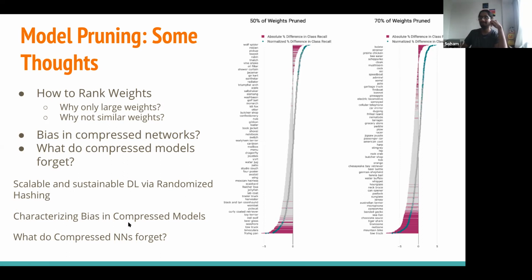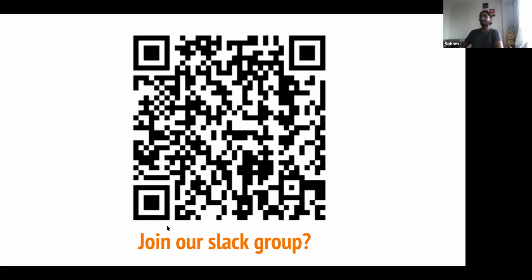The paper about bias is called Characterizing Bias in Compressed Models. And the paper on what neural networks forget is called What Do Compressed Neural Networks Forget? The last two papers are really, really interesting, and I would suggest you go and read them. And yeah, that's it.